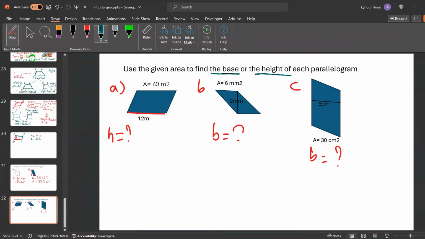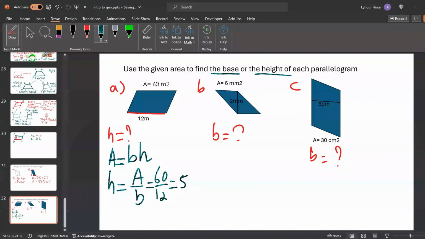The original formula is the area equal to base times the height. So in order to find the height, we take the area divided by the base, which is 60 divided by 12, equals 5. What is the unit? Oh, meters squared.